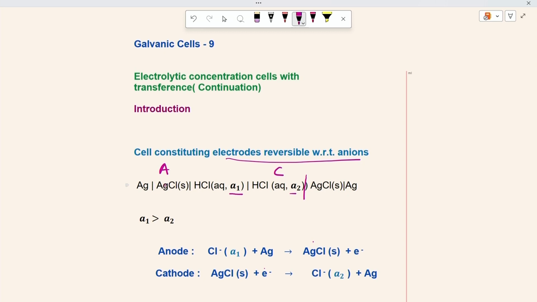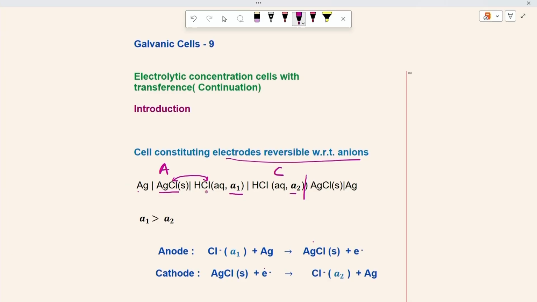If you remember, this is a metal in contact with its insoluble salt. This is the insoluble salt, silver chloride, in contact with a solution of the anion of the insoluble salt. This is the anion. We have an electrolyte which has got the anion Cl minus ions.